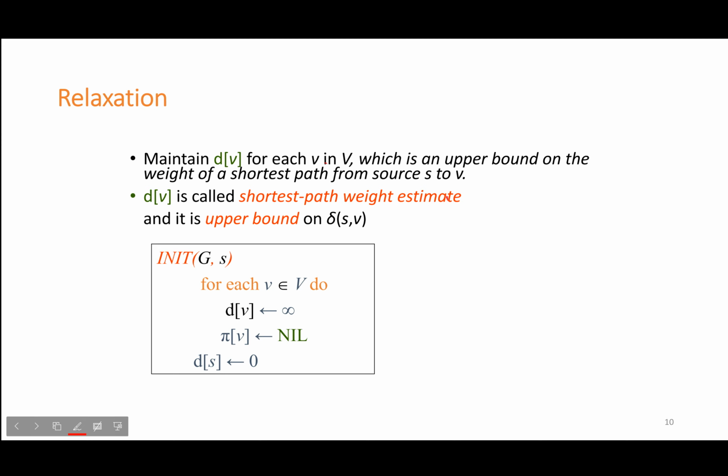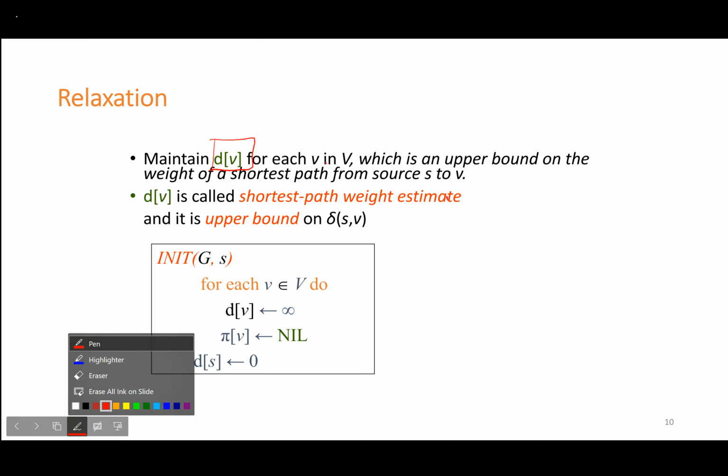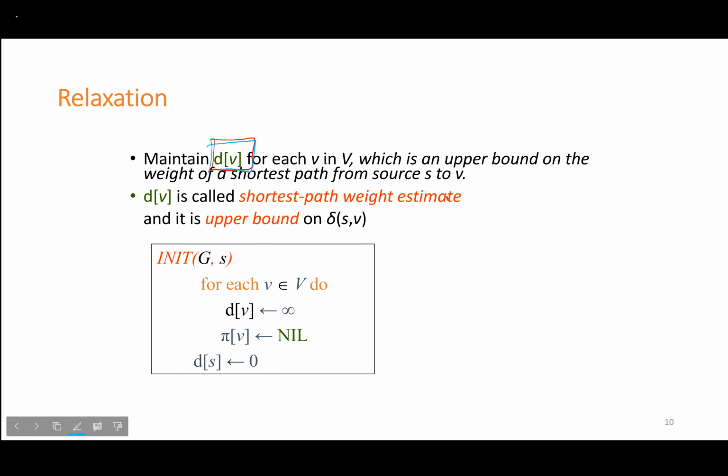In this relaxation procedure, we use d[V] to represent the upper bound on the weight of a shortest path from source S to V. We want to find the closest upper bound, the tight upper bound. d[V] is called a shortest path weight estimate, and it's an upper bound on delta(S,V).